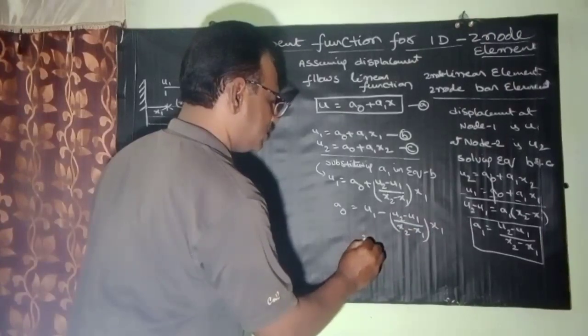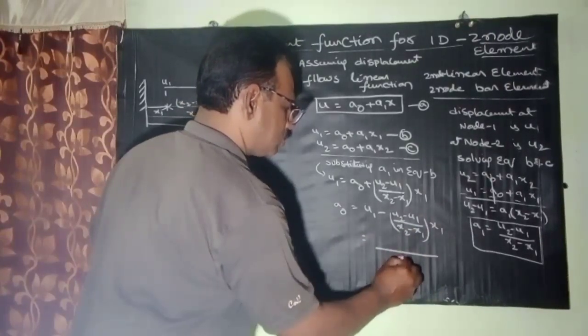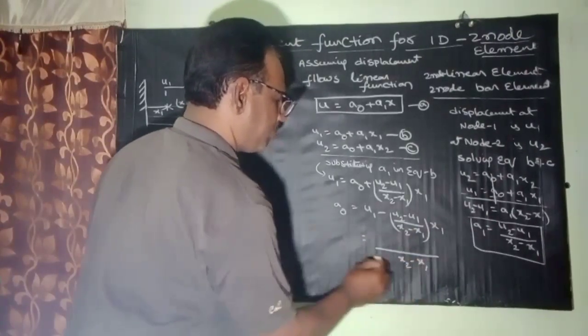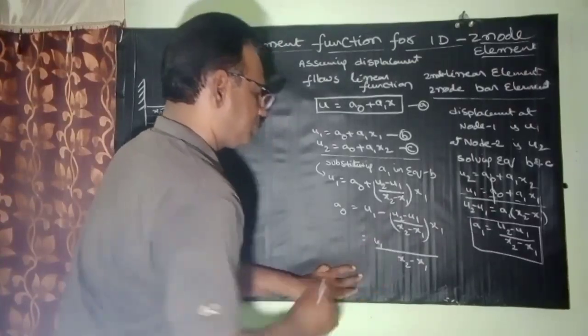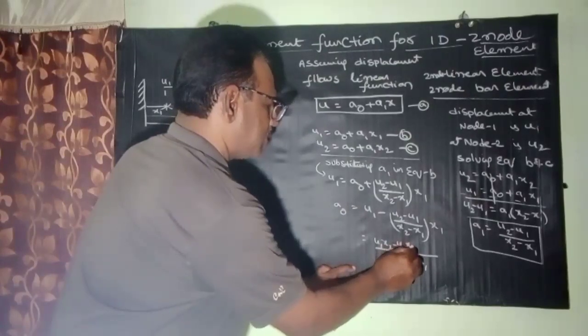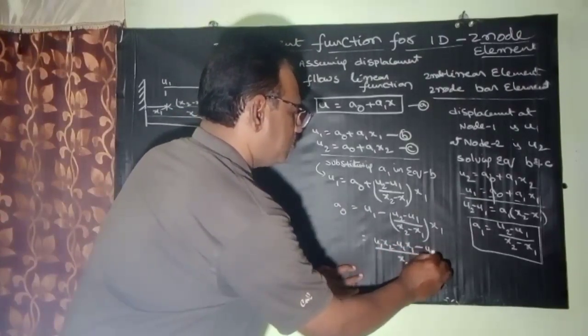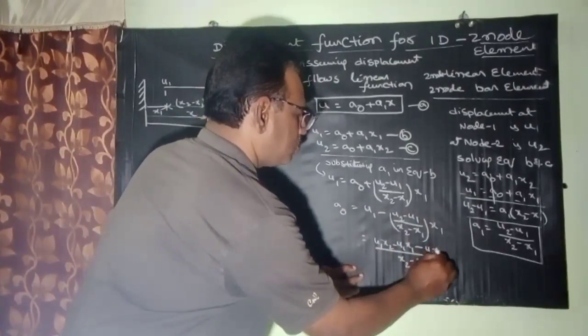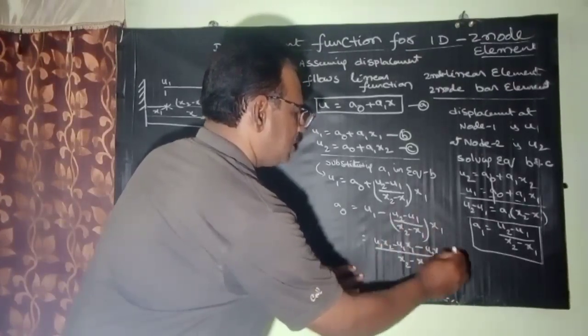I can further simplify this: over x2 minus x1, we have u1 x2 minus u1 x1 minus u2 x1 plus u1 x1.